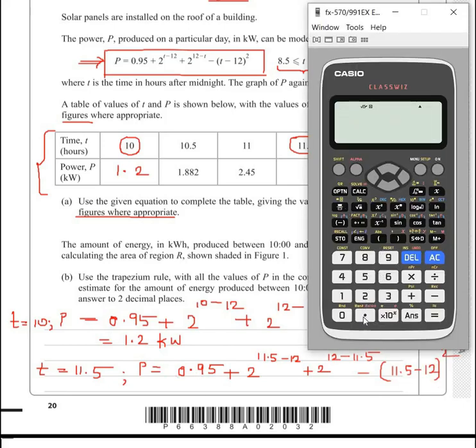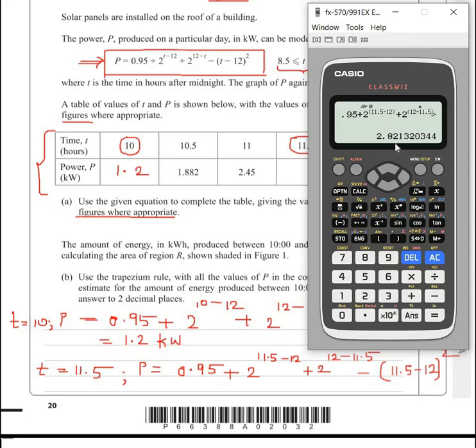So we put it as 0.95 plus 2 raised to the power of the bracket 11.5 minus 12, close the bracket, plus 2 raised to the power of 12 minus 11.5, close the bracket, minus (11.5 minus 12) whole square. So let us see how much we get there.